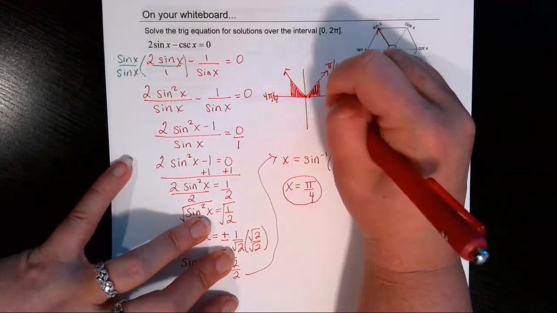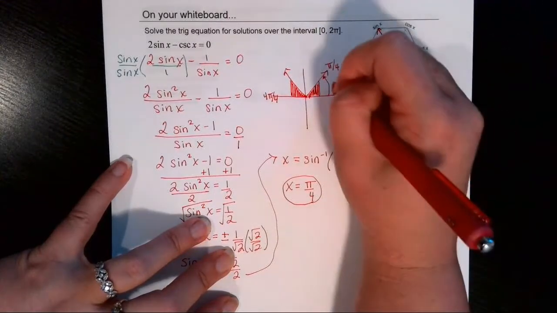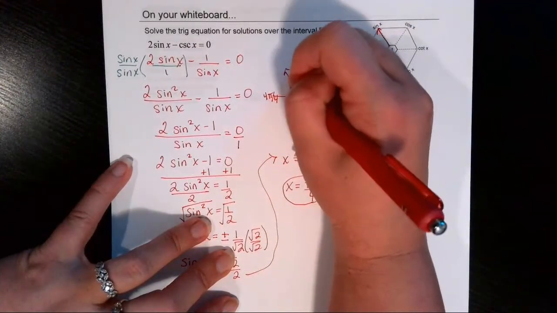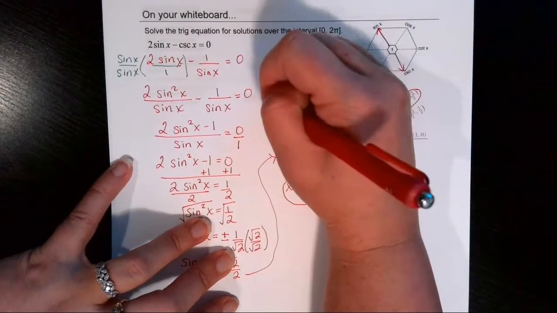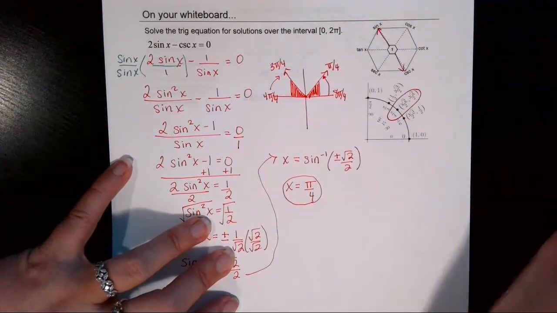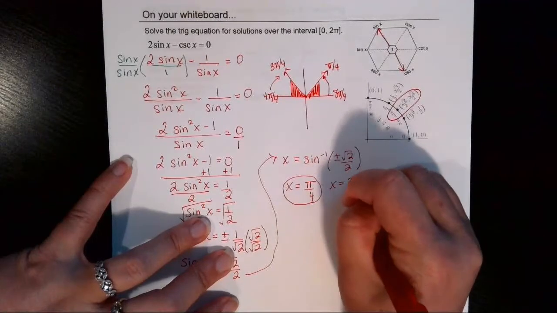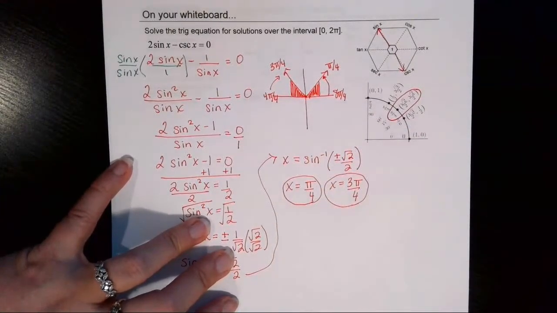To get from here to here, that was going up pi over 4. To go backwards, we would need to subtract pi over 4. So 4 pi over 4 minus pi over 4 gives us an answer at 3 pi over 4. So x equals 3 pi over 4 would be the second solution.